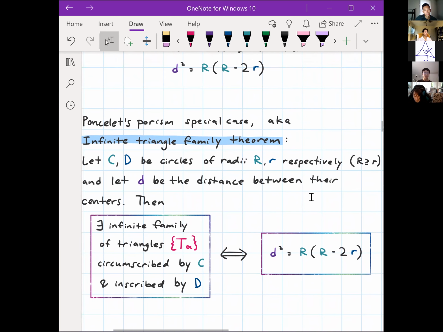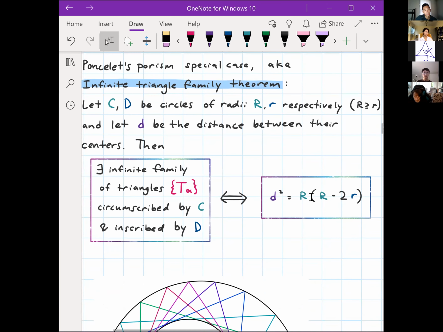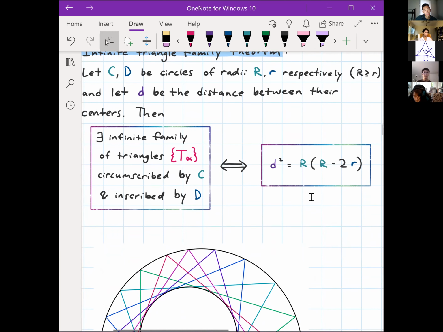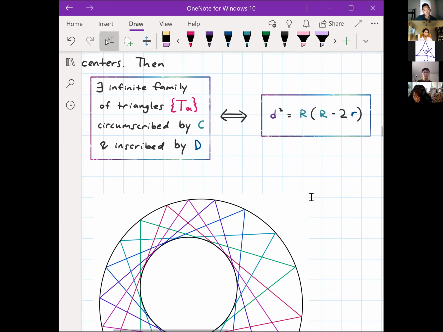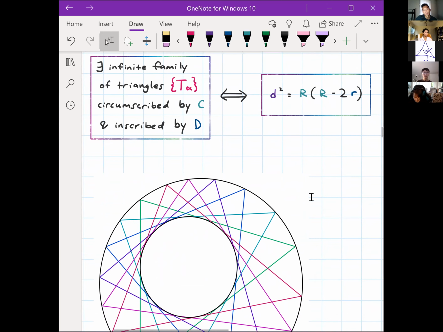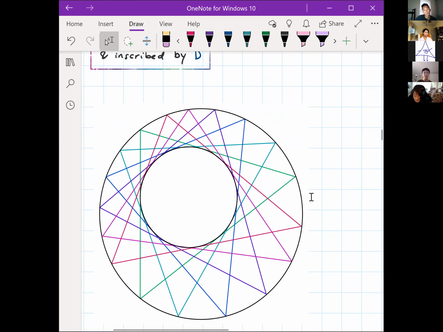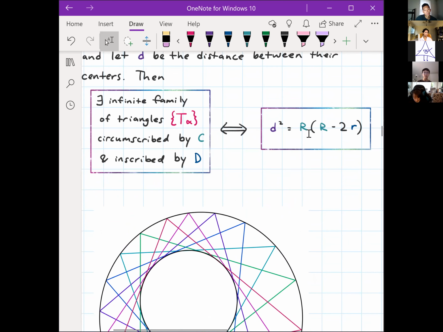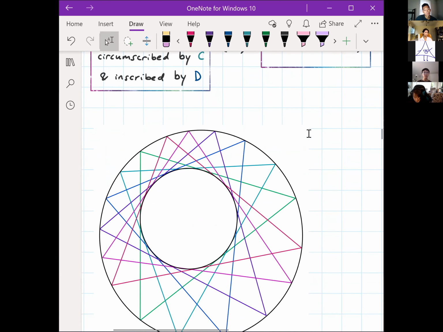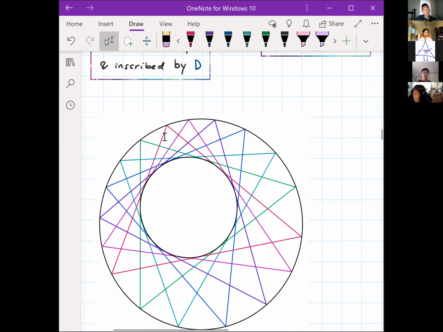Okay, so I have this picture that illustrates what is going on. I've drawn two circles, and because their radii and distances between the centers follow this relationship, we have an infinite family of triangles that fall between them.